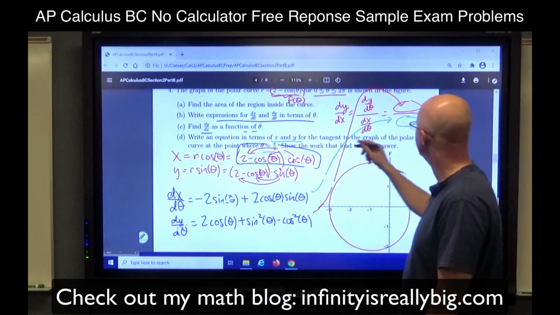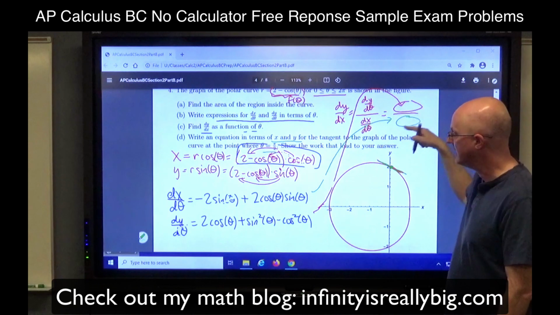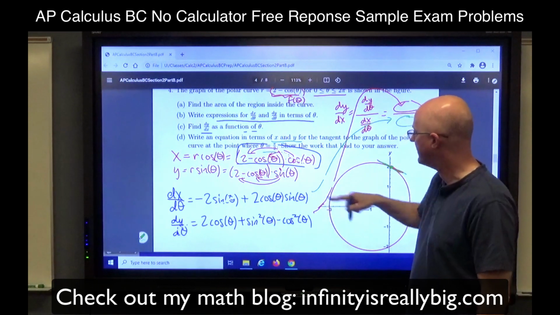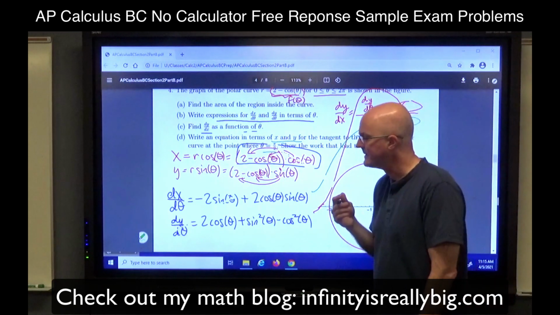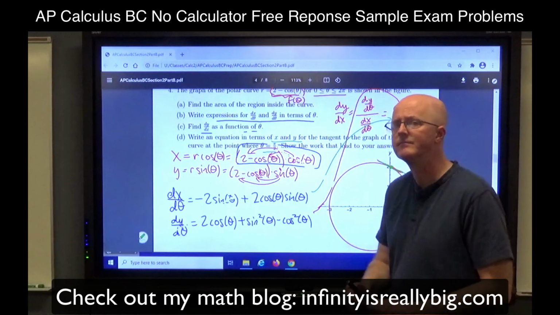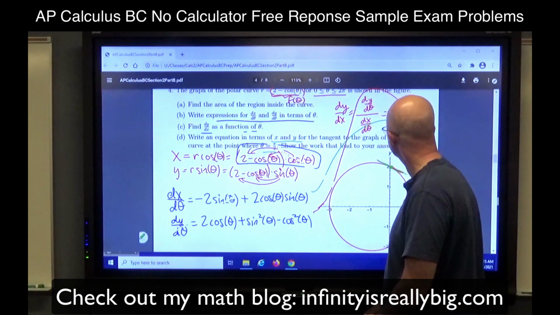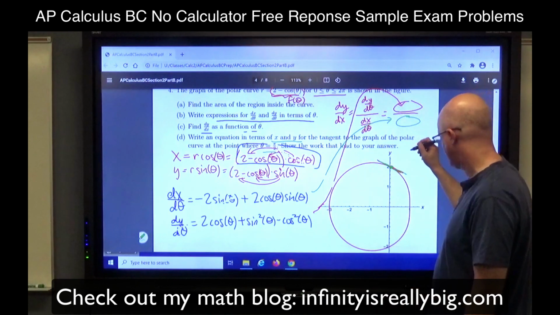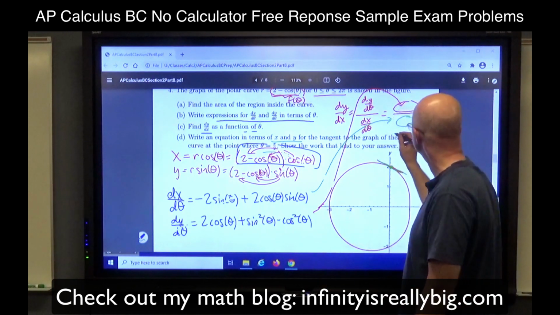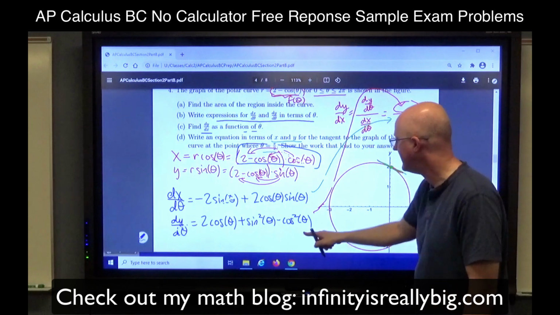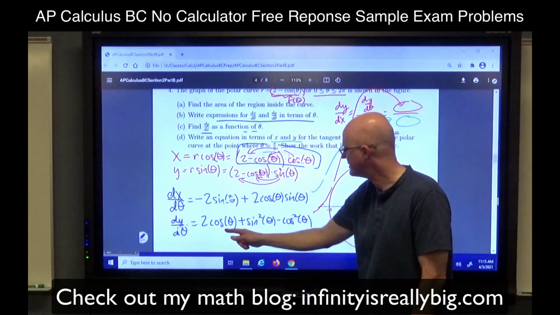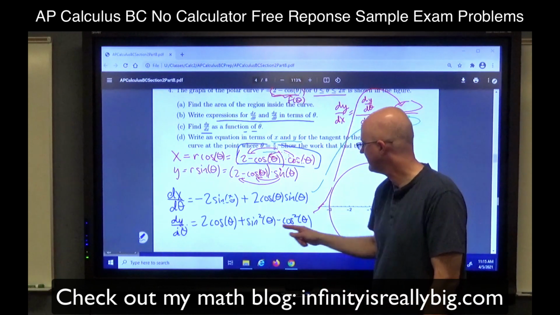I need to plug that value of theta into this fraction here. Plug it in here, divide by what I get when I plug in there. Sine pi over 2 is 1. Cos pi over 2 is 0. So what will that give me? For the numerator, look here. Cos pi over 2 is 0. That's 0. That's 0.